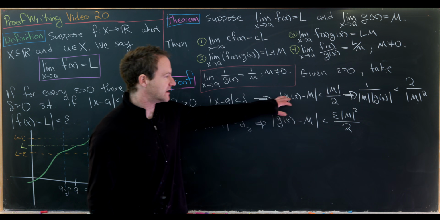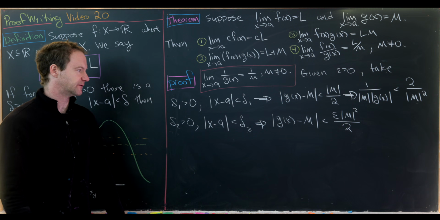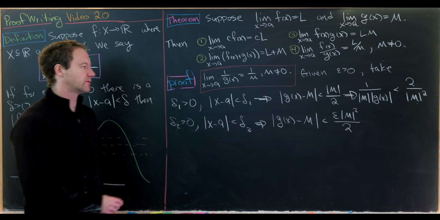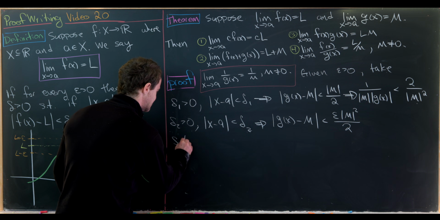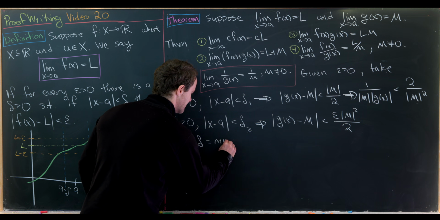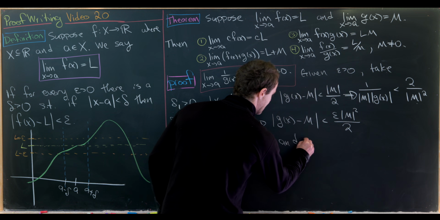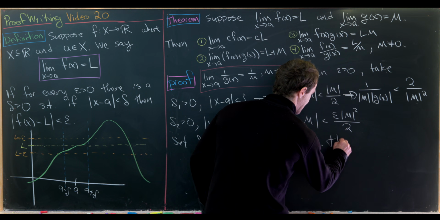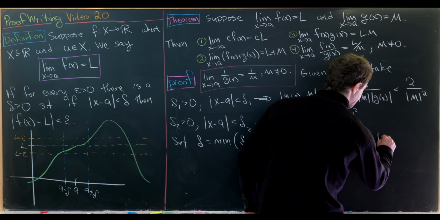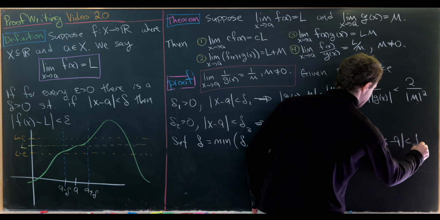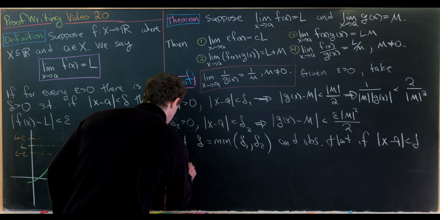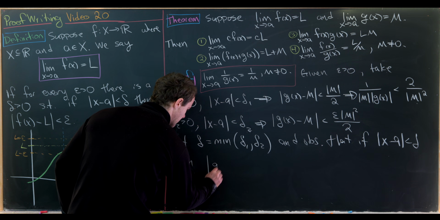And that's motivated by this inequality that we built before. Okay, so now we're ready to finish it off. So let's set delta equal to the minimum of these two, delta 1 and delta 2, and observe that if the absolute value of x minus a is less than delta, then the following calculation holds.